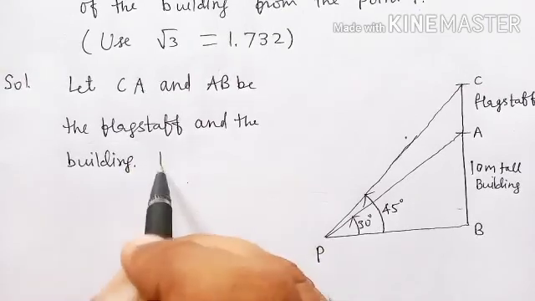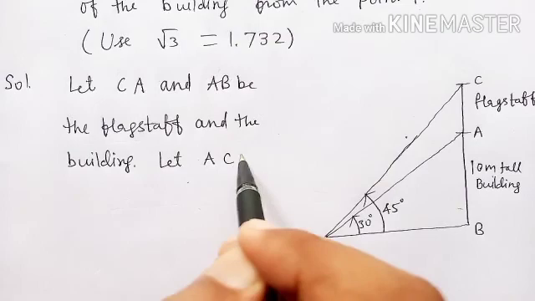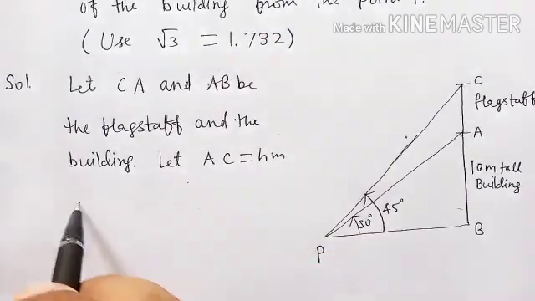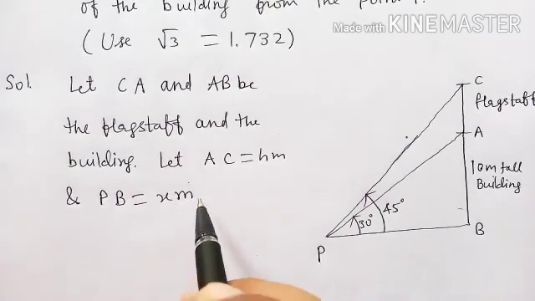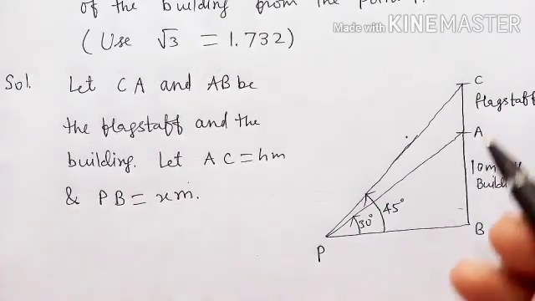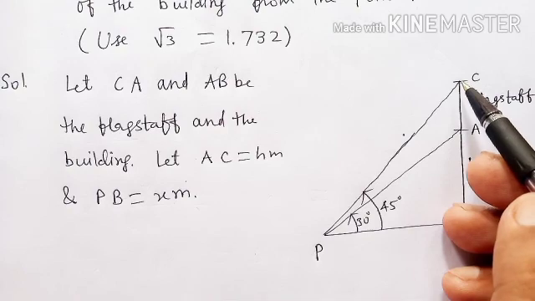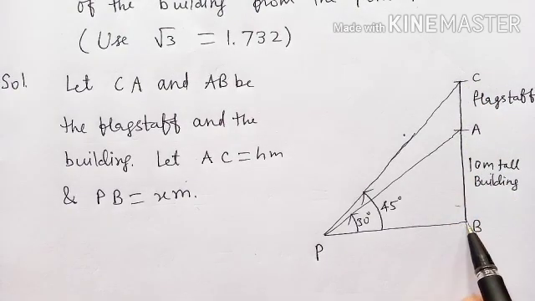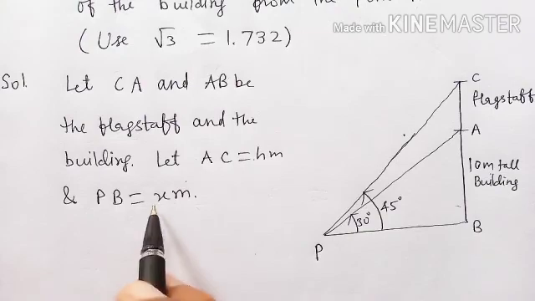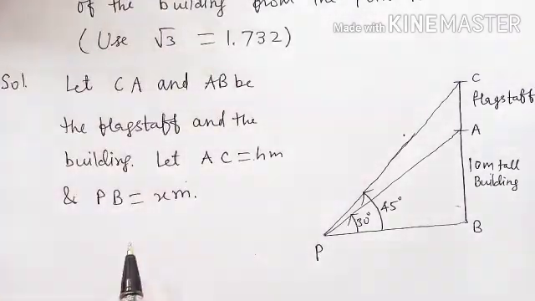Let AC is equal to h meter and PB is equal to x meter. We have to find the length of the flag staff and the distance of the building from the point P. So we have to find two variables. We have to construct two equations.